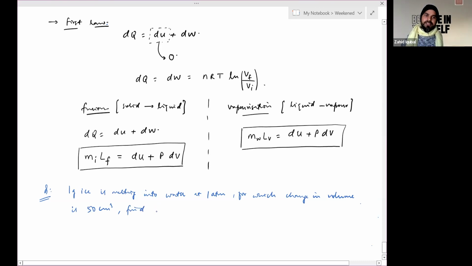Find the change in internal energy during this process.